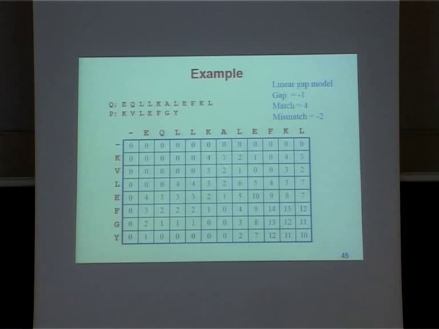If from here you choose the top path, it means that you first align V with a gap, and from this 3, you could not have come from this way or this way. We do not have a match score of 3, since a match is 4, so we do not choose this way, nor a mismatch. So the only way from this 3 is to the left.